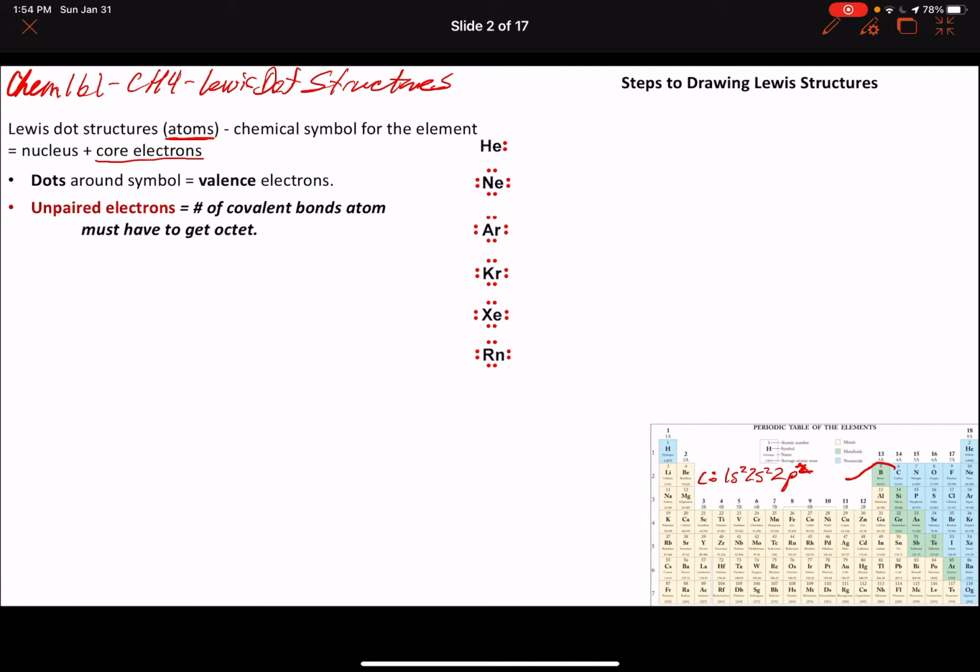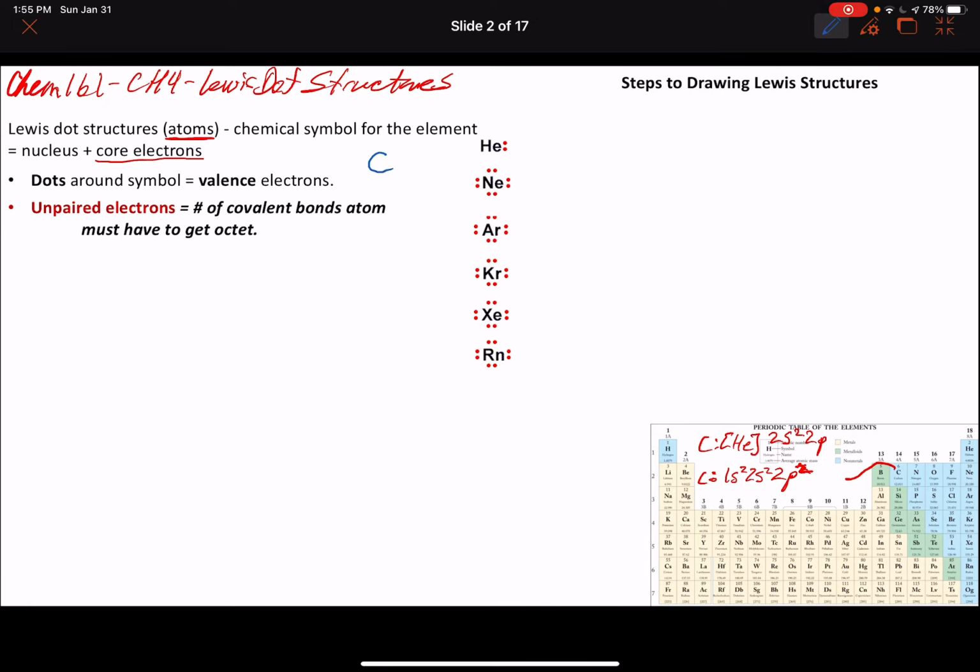and we know the shorthand for this is carbon, helium, 2s2, 2p2. All right, so with that, when we establish the Lewis dot structure for this atom of carbon, what we do is simply list the carbon symbol.